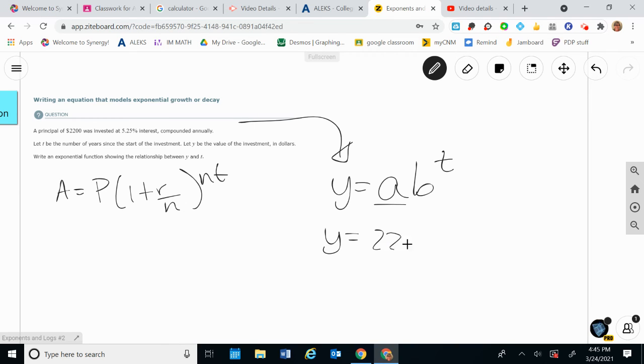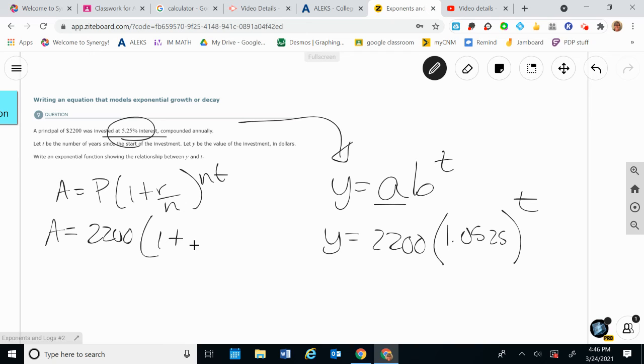Y is equal to 2200 times, its increase, they're paying them, so it's 1.0525 to the t. Okay, you could also do it here. P is 2200, 1 plus 0.0525 over n, which is 1, to the 1 times t, which is just t.